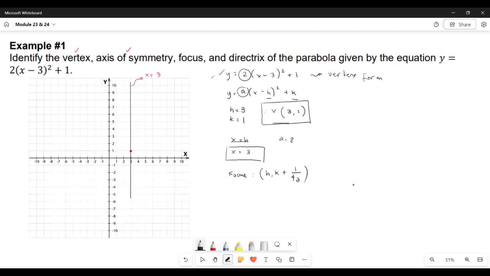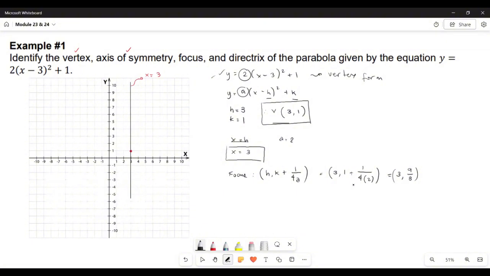Kumbaga titingnan nyo lang kung ano yung nakatapat. Okay? So, therefore, yung h natin is 3, yung k natin is 1 plus 1 over 4 times 2, equal yan sa 3 na x. Tapos 1 plus 1 over 8, 9 over 8. Okay. So, yan na yung ating coordinate pagdating sa ating focus.